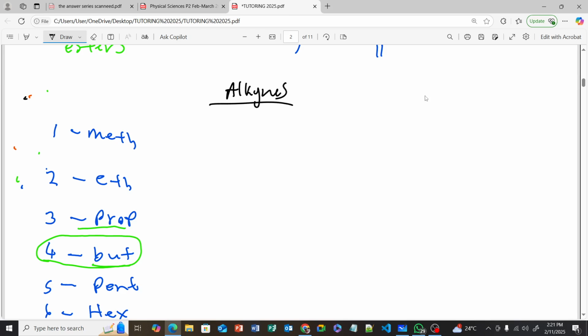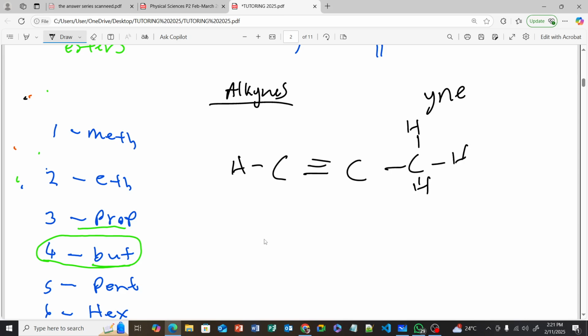Now let me show the triple bond. So the molecule will look like this. Okay, and then the name of this molecule, we are going to check the chain. We can see there are 3 carbons, so it has the word prop.